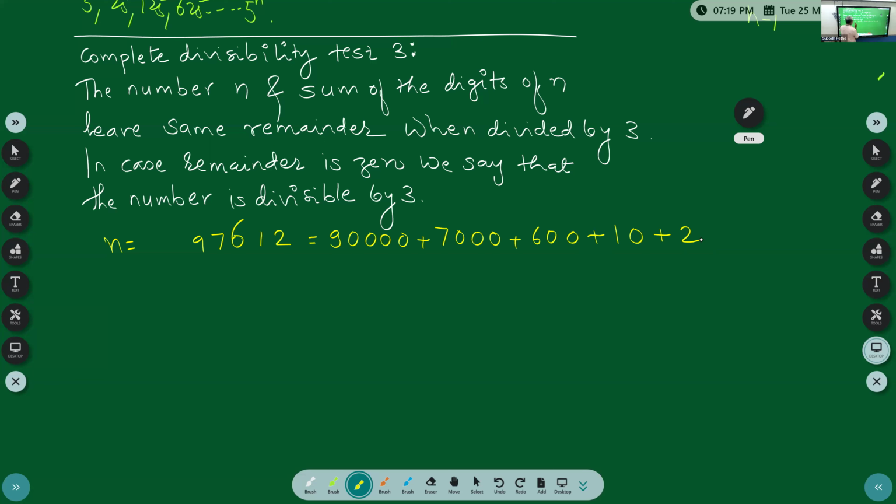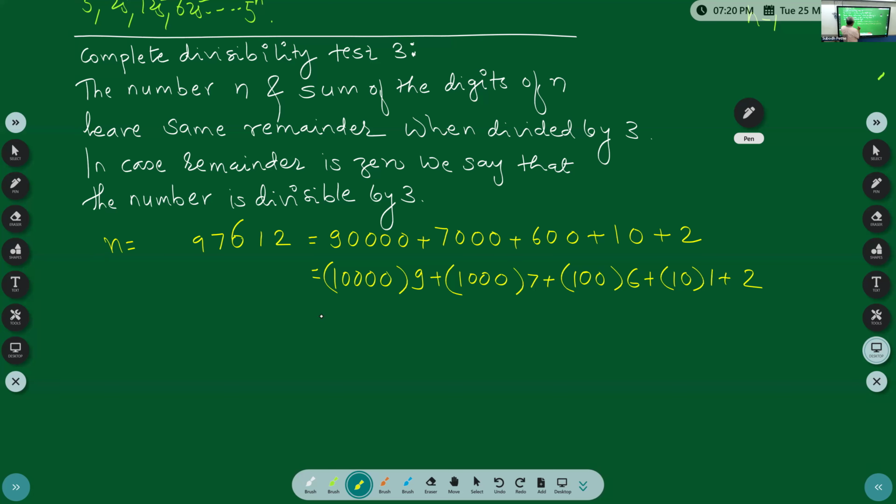Then we can write this as 9 into 1000. This is also fine.